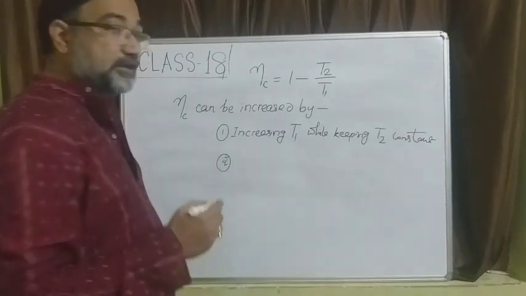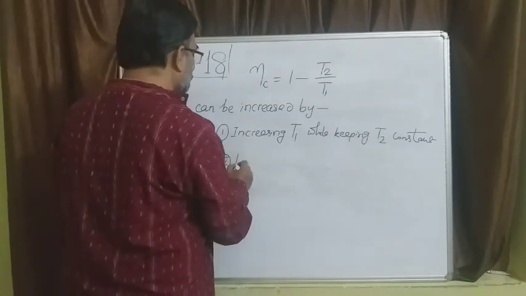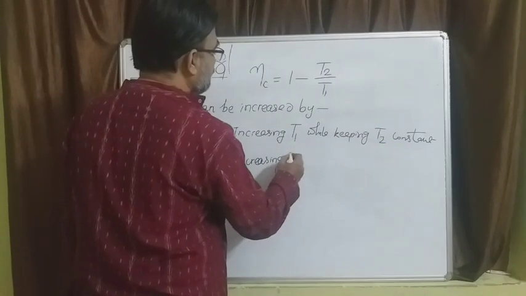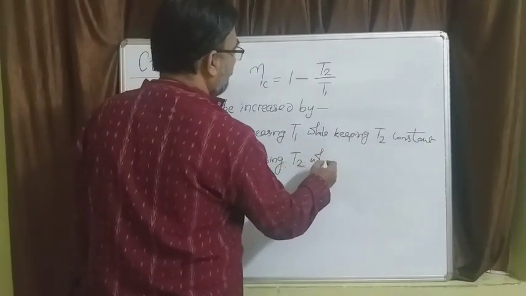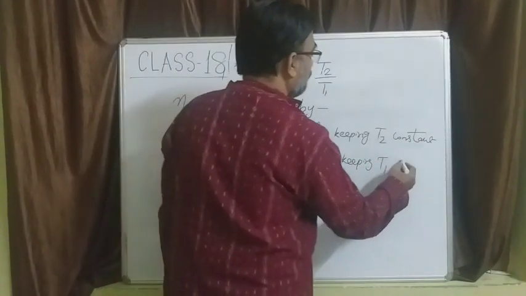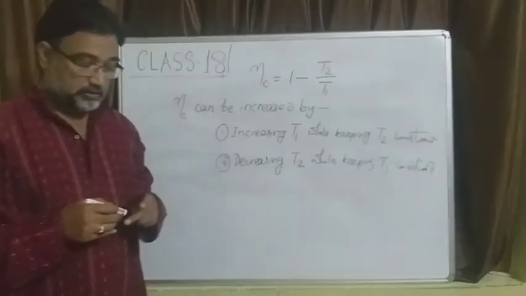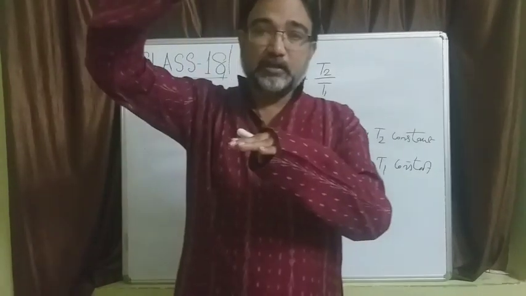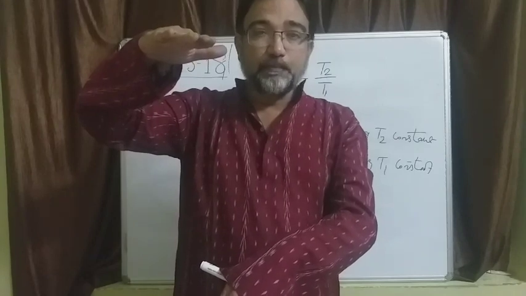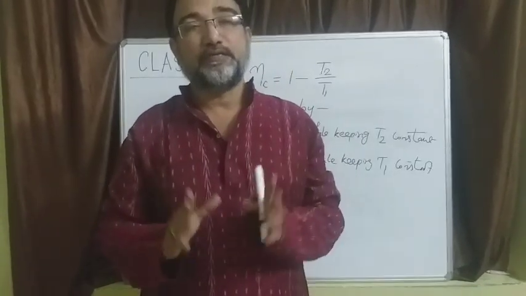Another way of increasing Carnot cycle efficiency is that you decrease T2 while keeping T1 constant. Okay. Increase the source temperature keeping T2 constant, or decrease the sink temperature keeping source temperature constant. So these are the two ways of increasing Carnot cycle efficiency.